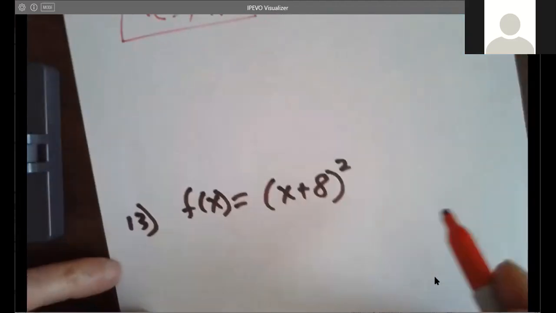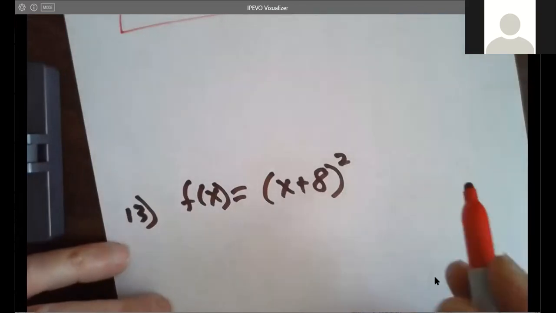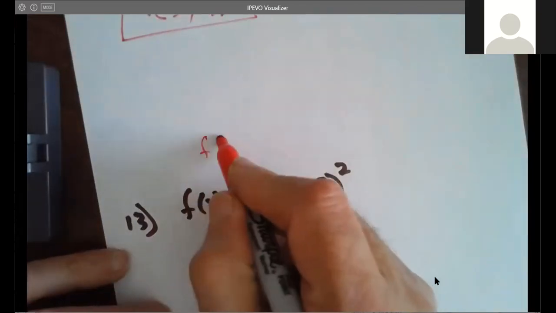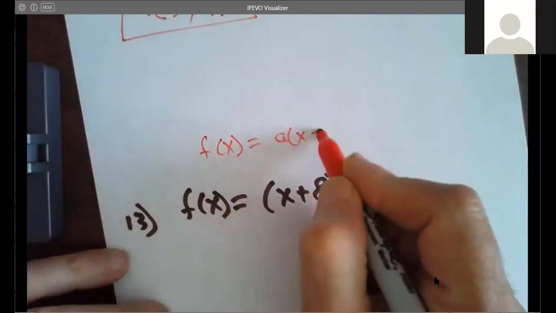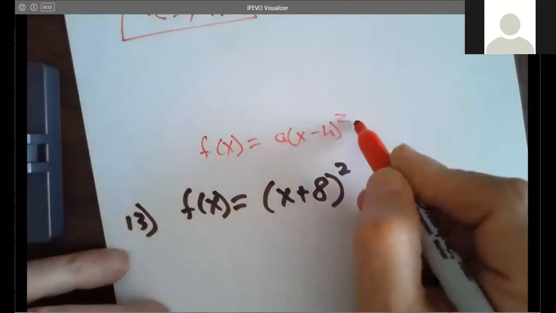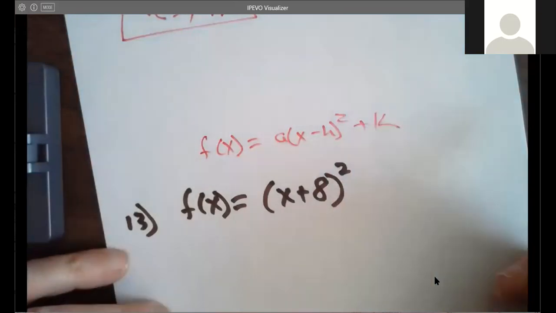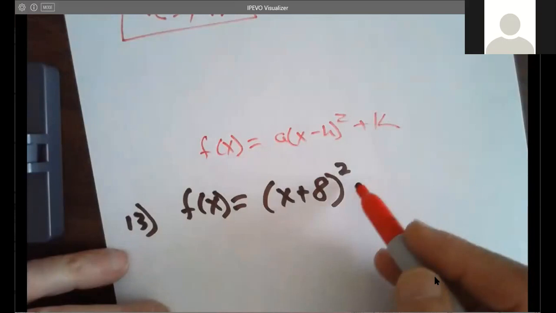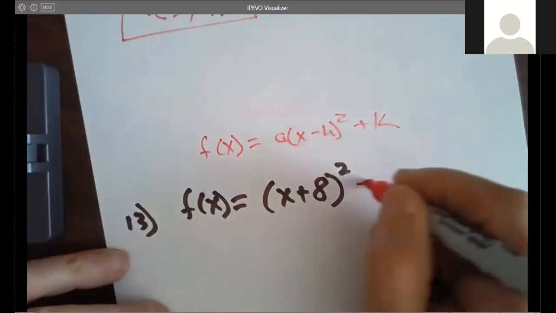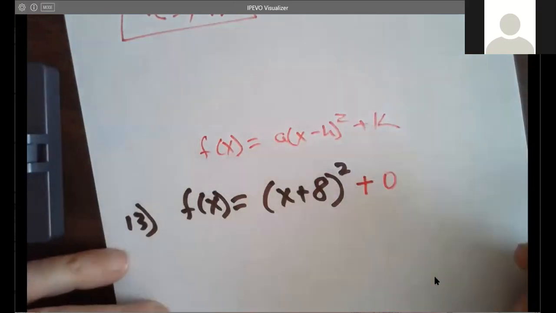All right, let's look at this next one. Well, again, we're using f of x equals a times (x minus h) squared plus k. Well, in this case, there's no plus or minus number out here. So we can put plus 0.